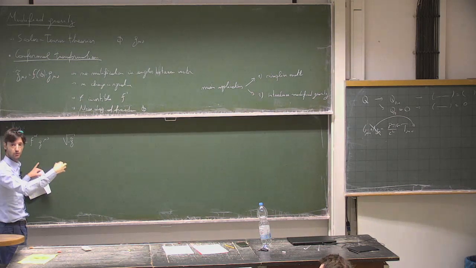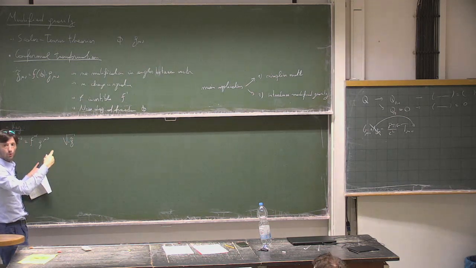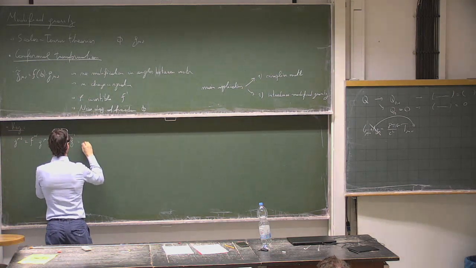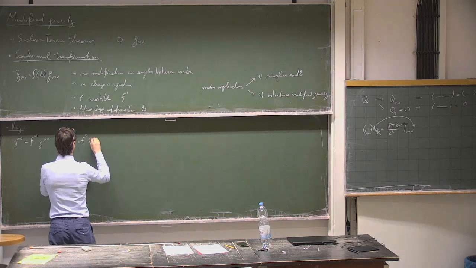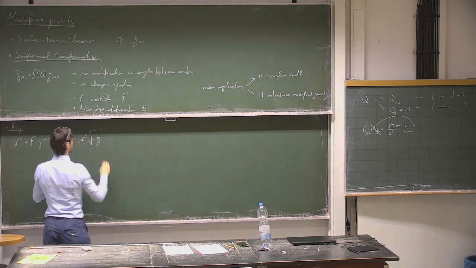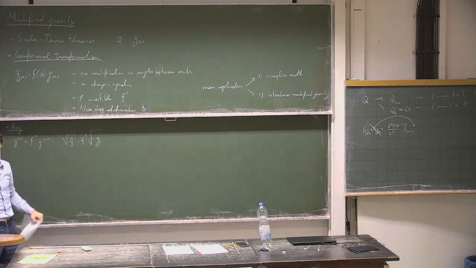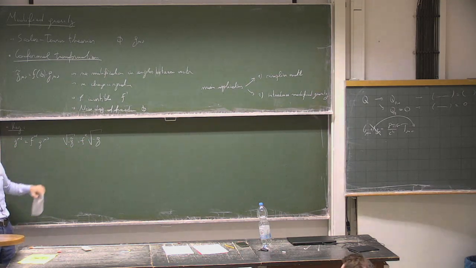When you use the action, you always have this square root of minus the determinant of the metric, which is equal to f to the power of 2 times the square root of minus g. Why f to the power of 2? Why are we not just multiplying by f?